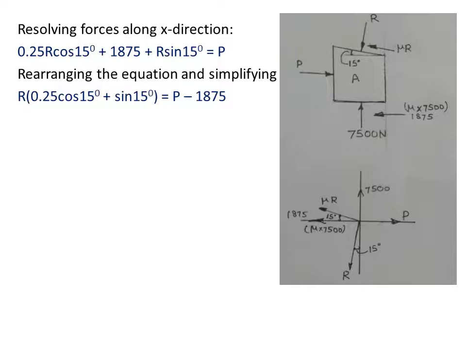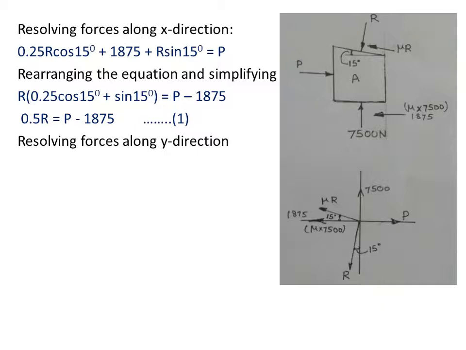R into (0.25 cos 15 degrees plus sin 15 degrees) equal to P minus 1875. From this equation, we can get the relation between R and P: 0.5 R equal to P minus 1875. Let us say this is equation 1.